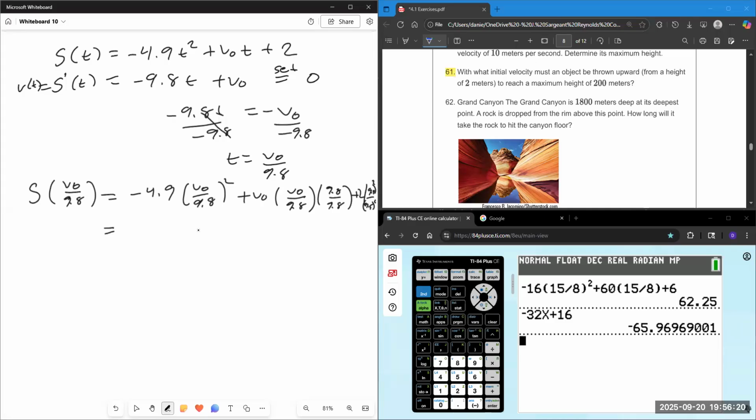That is equal to negative 4.9 v naught squared over 9.8 squared plus 9.8 v naught squared over 9.8 squared. I'll just leave this part alone. Plus 2 is equal to 200.